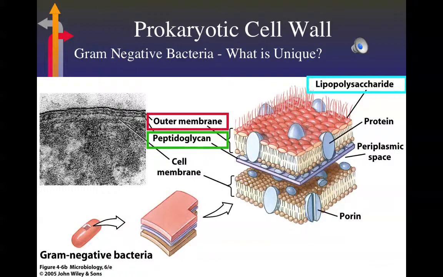One's called the cell membrane, which is the innermost membrane, and one called the outer membrane on the outside surface of the peptidoglycan layer. The outer membrane is a rich source of a chemical called lipopolysaccharide. Lipopolysaccharide, also abbreviated LPS, is, as the name implies, a composite of two biochemicals that we call lipids and polysaccharides.